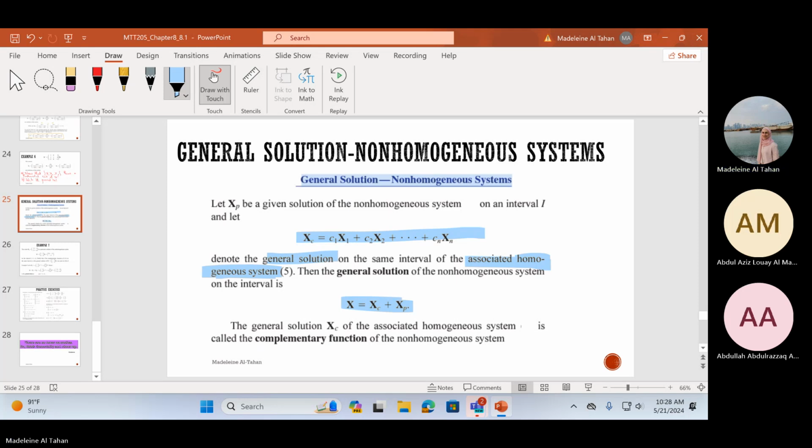Okay, Miss? xp is a particular solution and xh is the general solution of the homogeneous system. This one that is here is the particular solution. And this one is the solution for the homogeneous system.